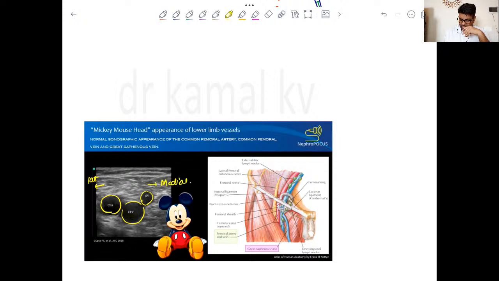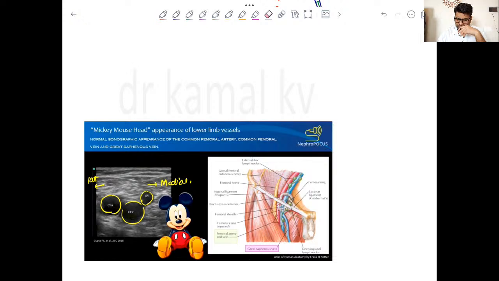This looks somewhat like this particular appearance, and therefore it is known as the Mickey Mouse sign. Although it's not that important a question, because it is very peculiar, I thought of keeping it. This is Mickey Mouse sign and the typical arrangement of the vessels in the femoral triangle.